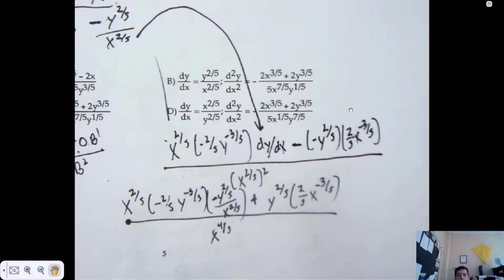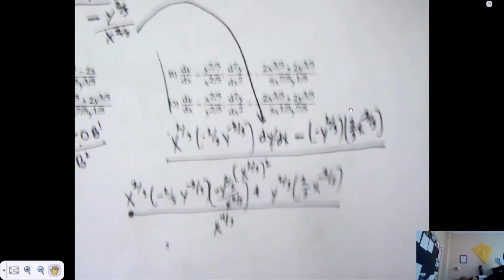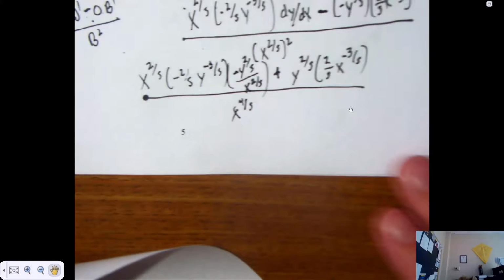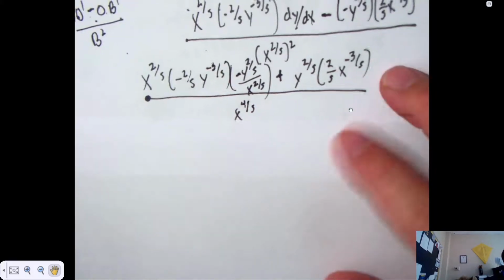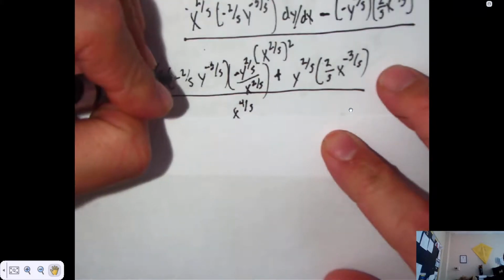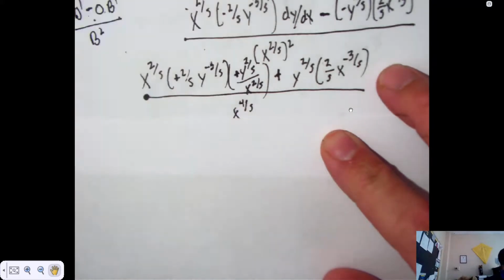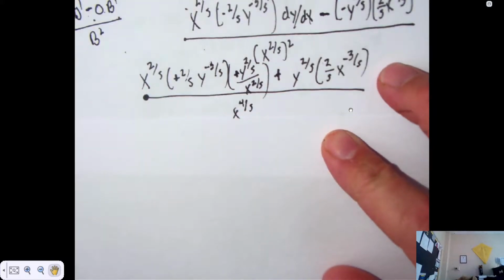That is a very ugly looking thing. That's one of those you need more room on, or you got to write really small. I see a negative times a negative, so this top piece is going to become positive.